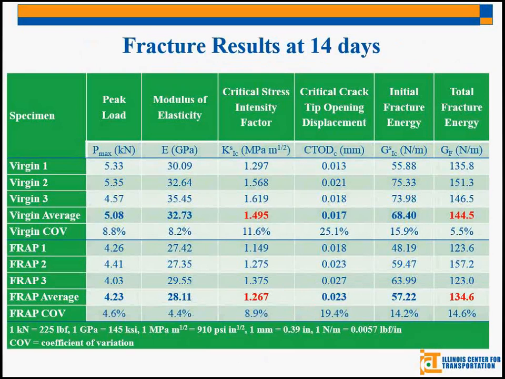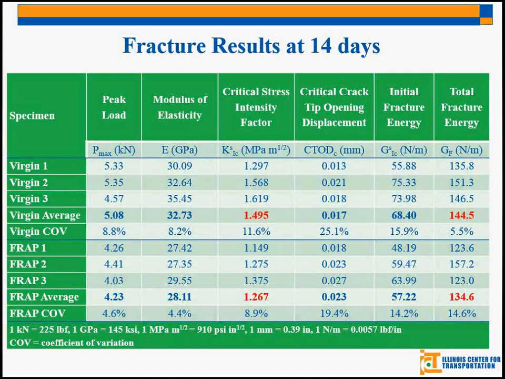What's highlighted here is the critical stress intensity factor for both the virgin and the frap mix, and the total fracture energy. And again, that fracture energy is the energy used to create two new surfaces. It's one of the things that can be useful in creating a mix design for your pavement, and I'll get into that in a little bit.